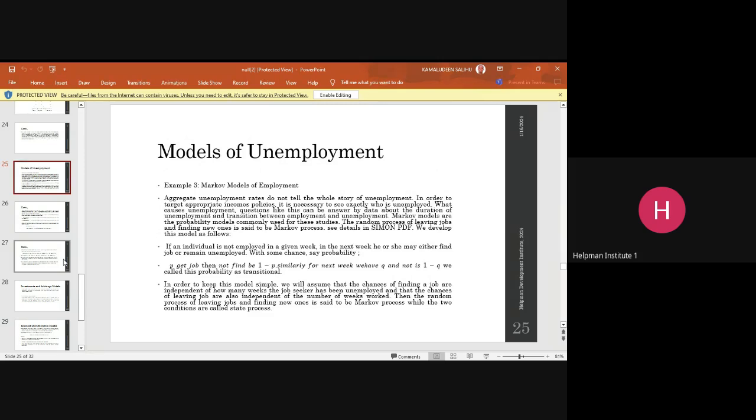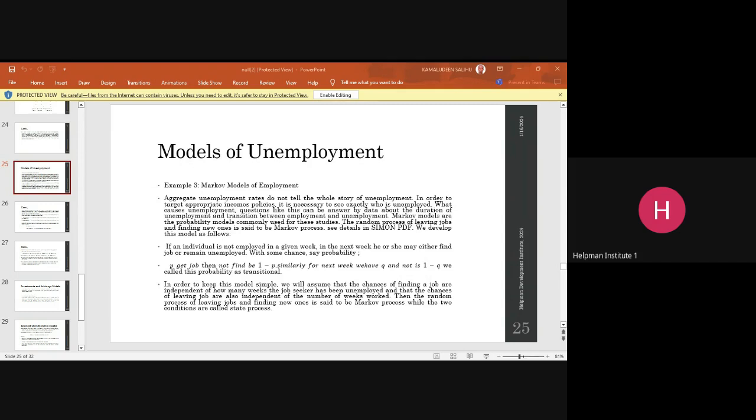In the model of unemployment, we basically consider two cases: the number of successful job seekers and the number not successful in seeking a job. As you can see here, the aggregate unemployment rate does not tell us the whole story of unemployment. So we need to determine the number of successes and the number of failures.